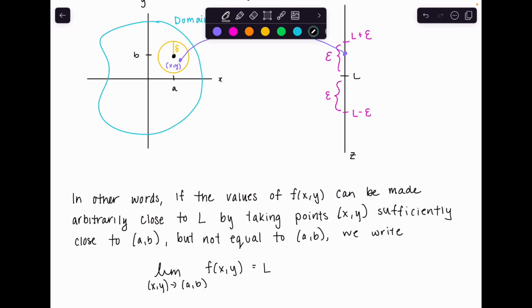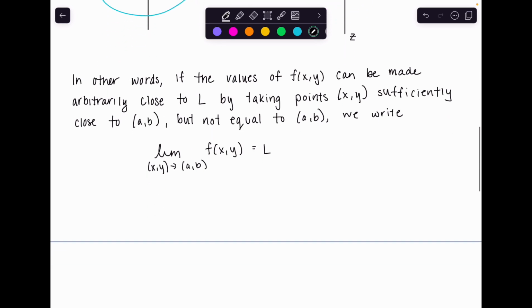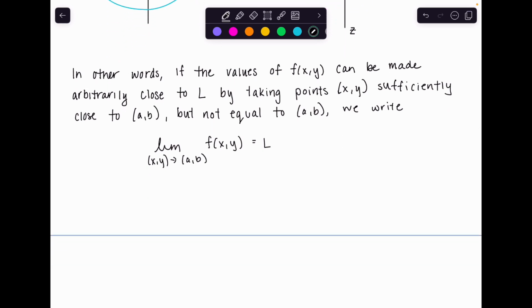With this definition, we don't care about the direction. No matter the direction you approach from, it should go to the same thing. So proving existence is a lot harder, because back in Calc 1, you just had to check from the left and right that they were doing the same thing. Here, you have way too many directions to test, so it's impossible to go through that approach.